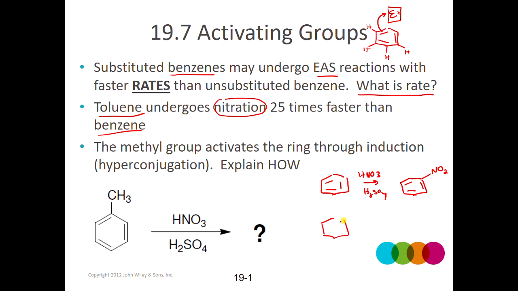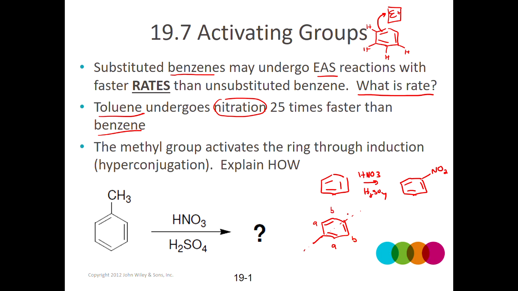If I start with toluene rather than benzene, toluene has a methyl group. At this point, all 6 carbons are equivalent, so it doesn't matter where I put the methyl. But once I put the methyl group there, I still have a plane of symmetry here. So this position and this position, I'll call those A, those are equivalent.